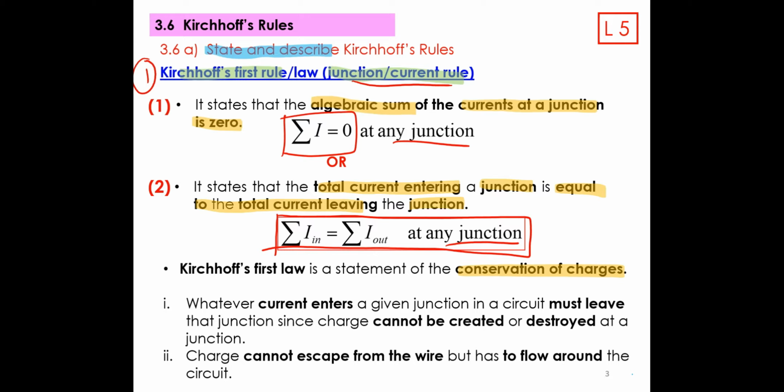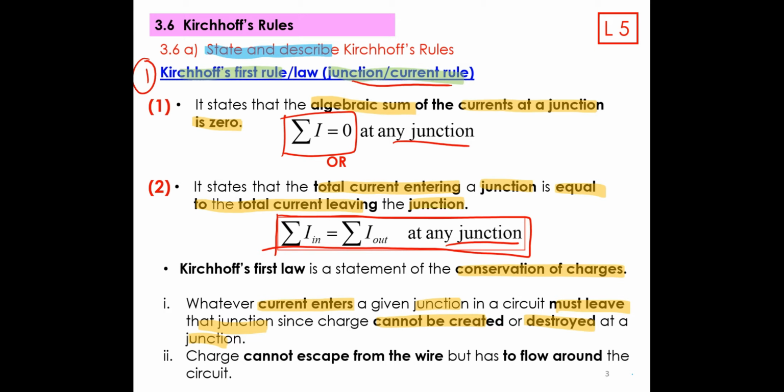Whatever current enters a given junction in a circuit must leave that junction, since charge cannot be created or destroyed at any junction. So that's why current in can be equal to current out.